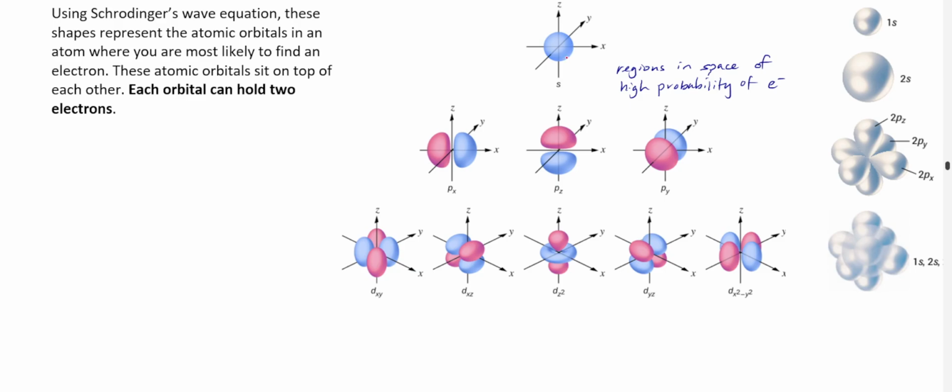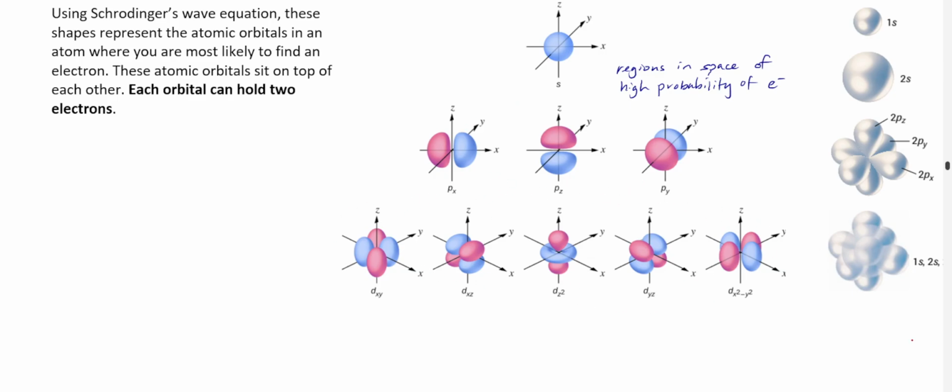Look at your notes. The second energy level had S and P, 0 and 1. So the second energy level has an S subshell, but it also has P subshells as well. The third energy level has an S subshell, a P subshell, and a D subshell as well.